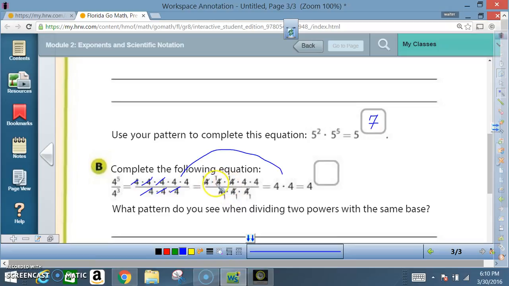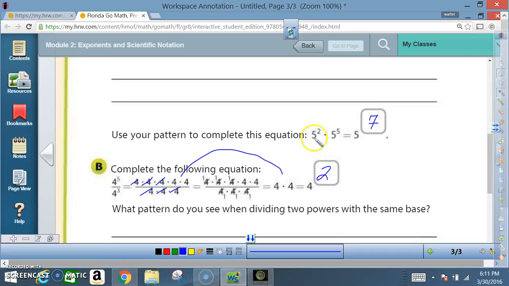They did the same thing here. Cancel, cancel, cancel. I just want to show you directly using the color blue. All right, so now we have 2 4's left. So what does that equal to? 4 to the 2nd power. Now, of course, we don't have to write this out every time we get ready to do a problem involving exponents and division.